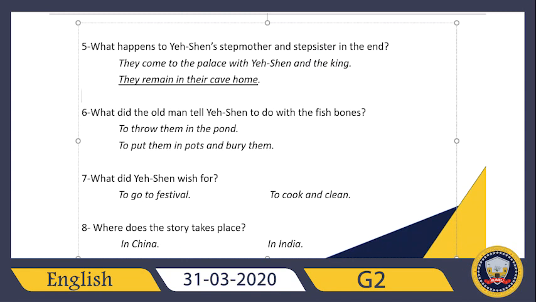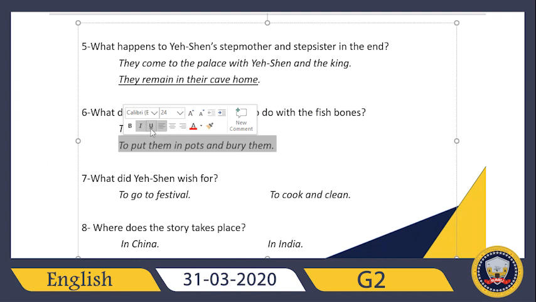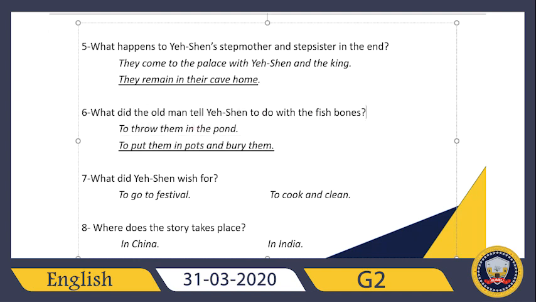What did the old man tell Yeshen to do with the fish bones? To throw them in the pond or to put them in pots and bury them? So what did he tell? Yes, he said to put them in pots and bury them. Very good.